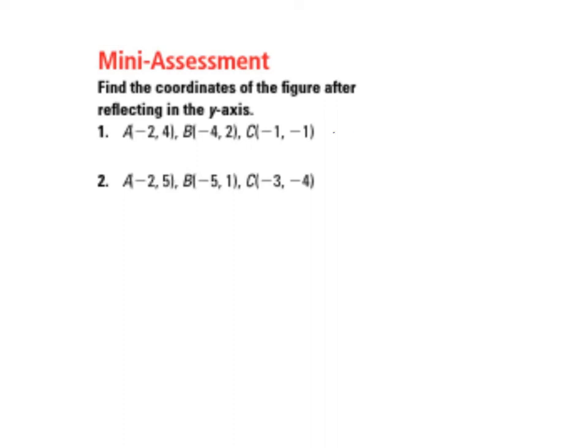So remember, all we're doing here is, since we're going over the y-axis, you're going to keep your y value the same, and your x value is the one that's going to change. So this is going to be the opposite of x, but your y is going to stay the same. So let's just look at this first one. Here we've got -2 for our x value. The opposite of -2 is going to be +2.